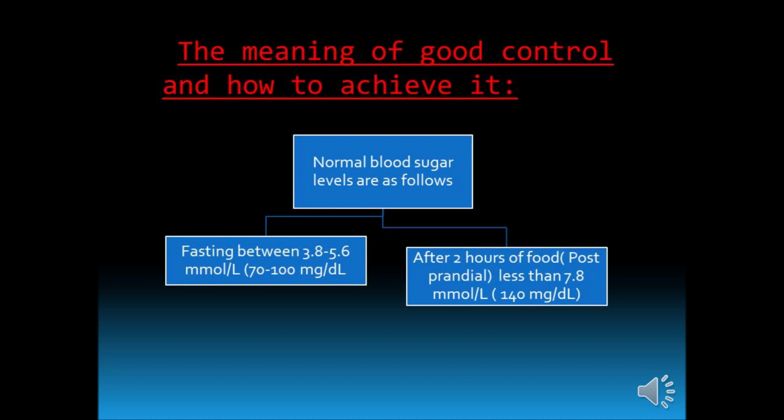Fasting could be between 3.8 to 5.6 millimoles per liter or 70 to 100 milligrams per deciliter, and 2 hours after food, that is postprandial, could be less than 7.8 millimoles per liter or 140 milligrams per deciliter. Well, these are values provided by the WHO and the American Diabetes Association.